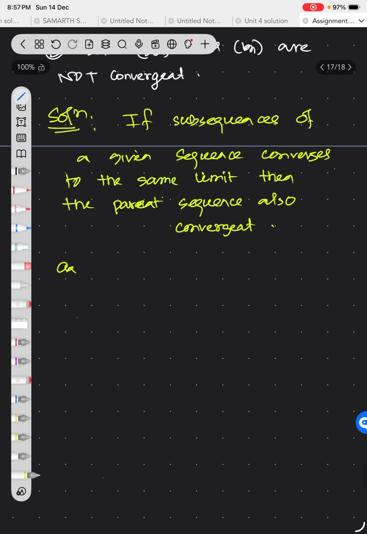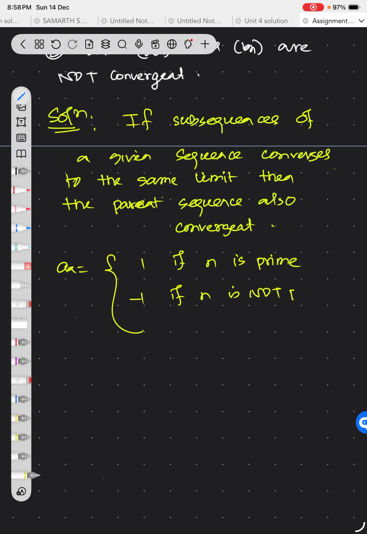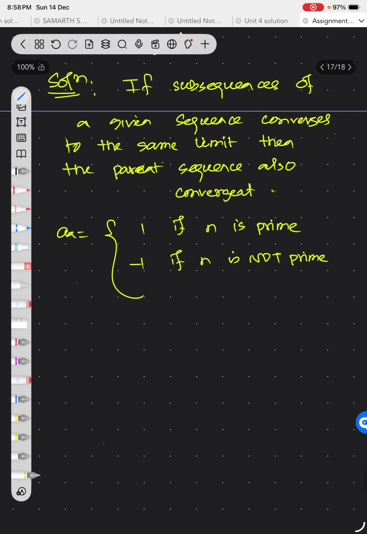The given sequence is defined in this way: a_n equals 1 if n is prime, and minus 1 if n is not prime. By treating n in two different ways, we are going to get two subsequences for this given sequence.